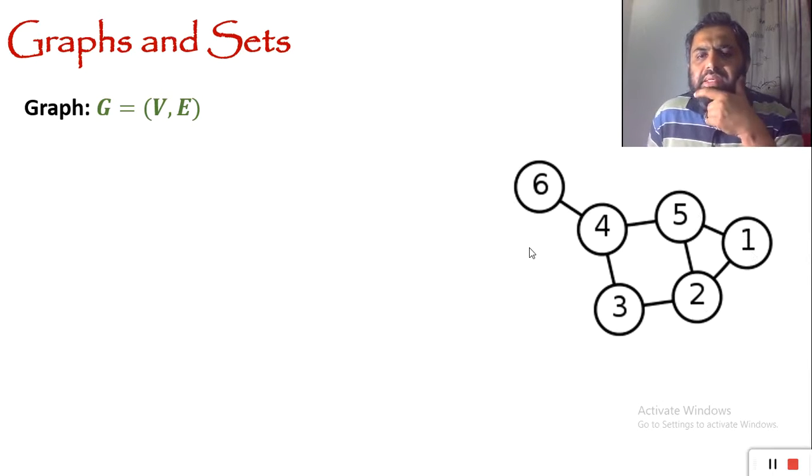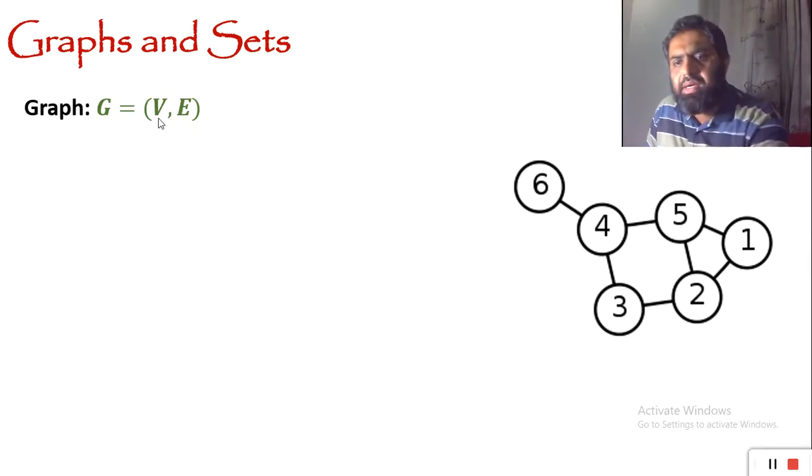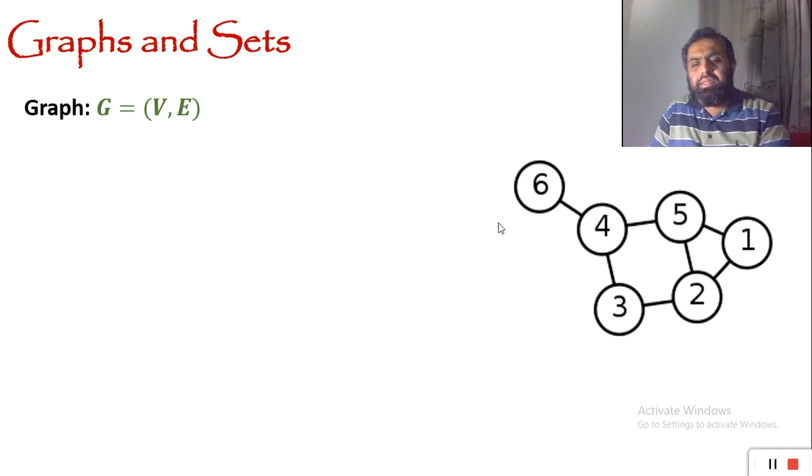A graph can be represented with the help of sets as well. For example, let's call it G. G is a structure which is described with the help of two sets, set V and set E. V is the set of vertices and E is the set of edges. Over here we can see we have 6 vertices.